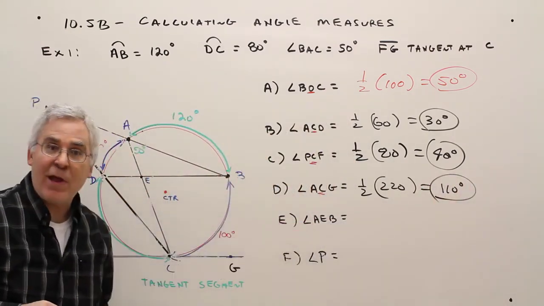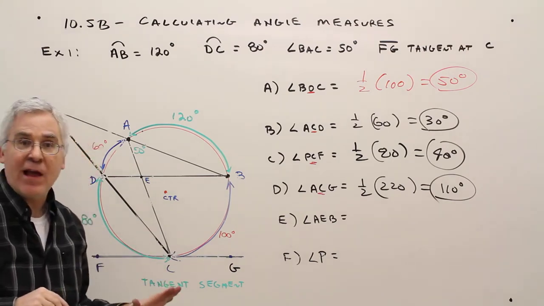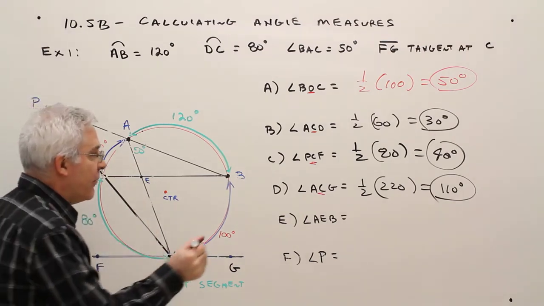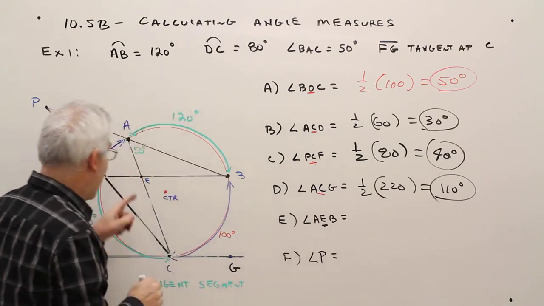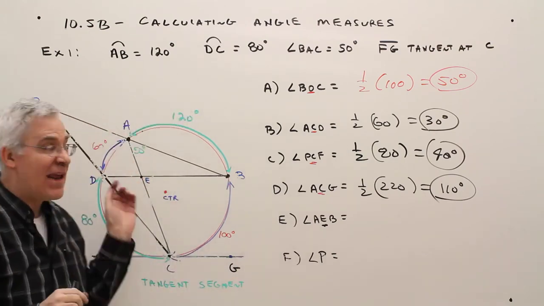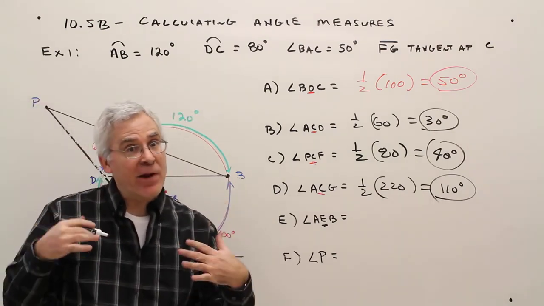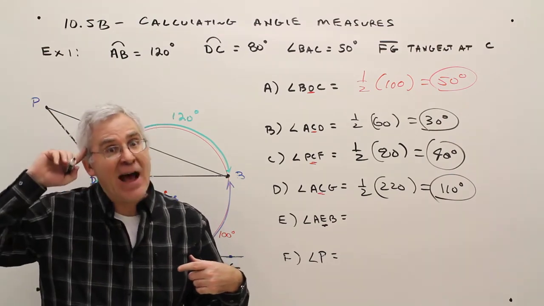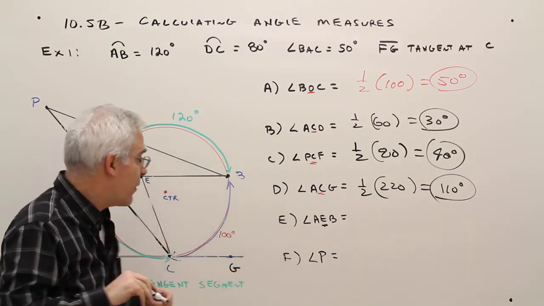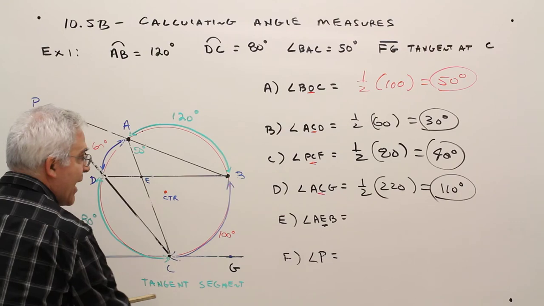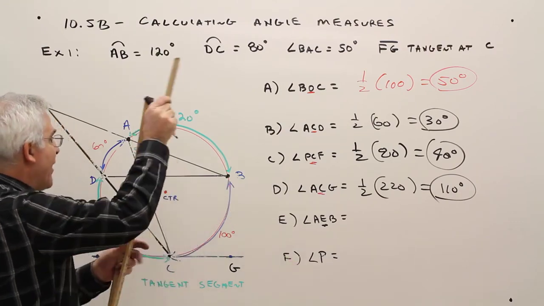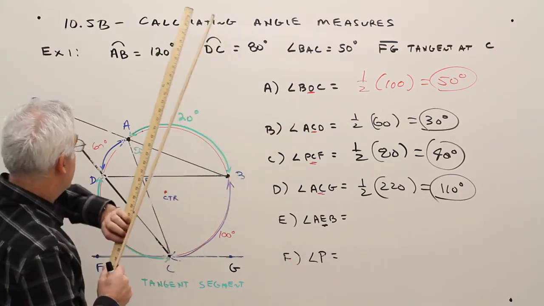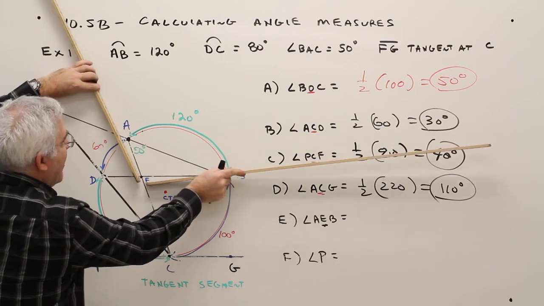Now for these two angles, the vertex is not on the circle. The vertex is at point E. Point E is inside, and for inside I'm thinking half sum. Okay? So AEB, let's isolate that. AEB is that.